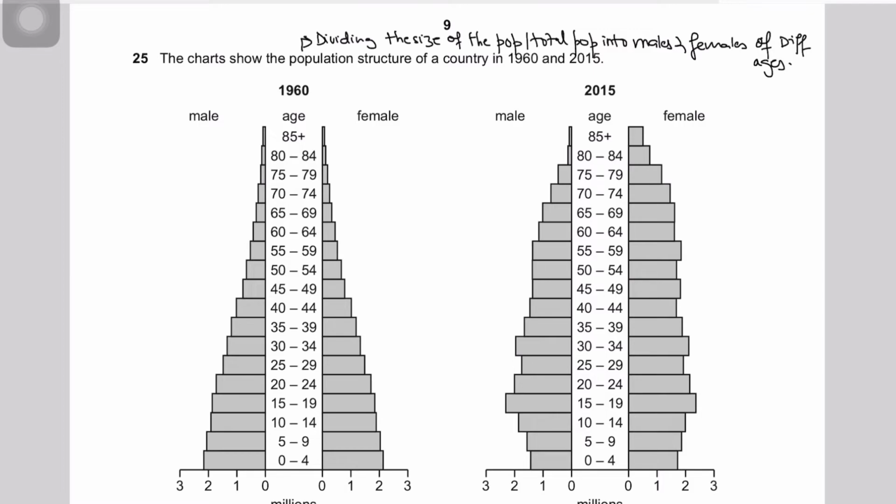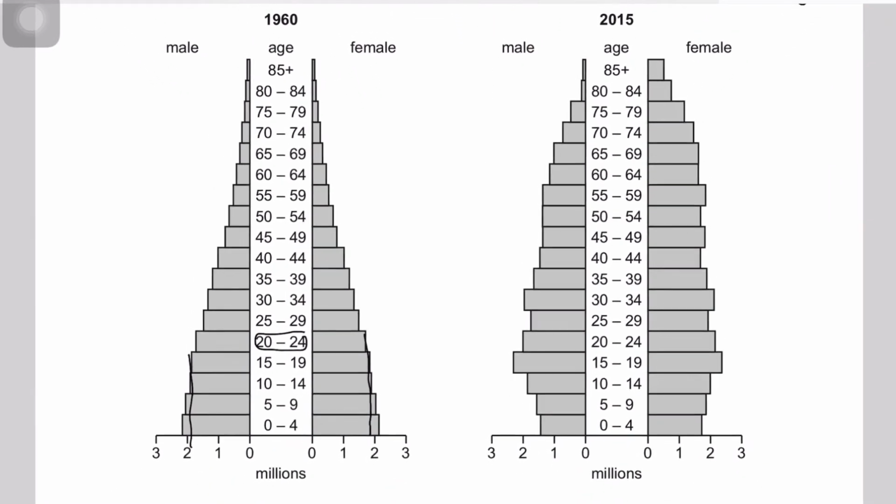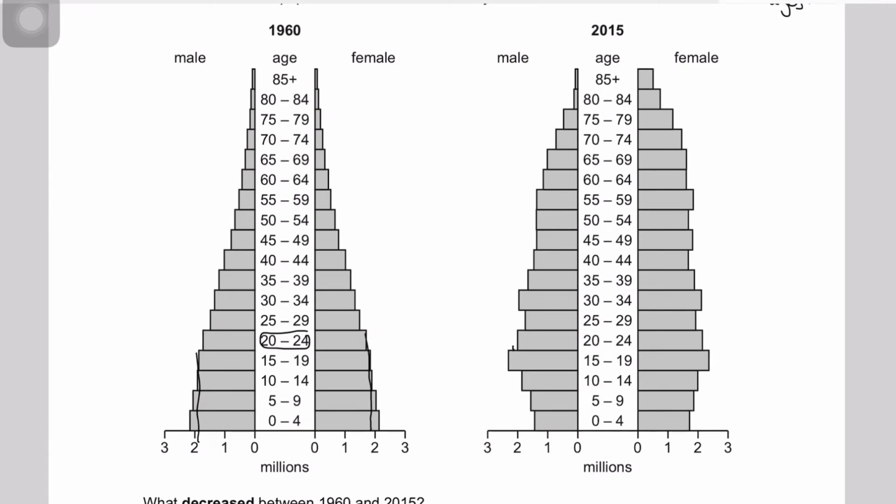So let's say people between the ages of 20 to 24 years old. In 1960 you had approximately 2 million males, close to 2 million males, and close to 2 million females as well. But in 2015 you had approximately more than 2 million males between the ages of 20 to 24, and even for females you had more than 2 million females as well.